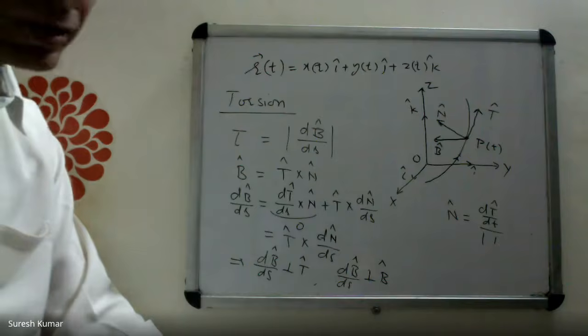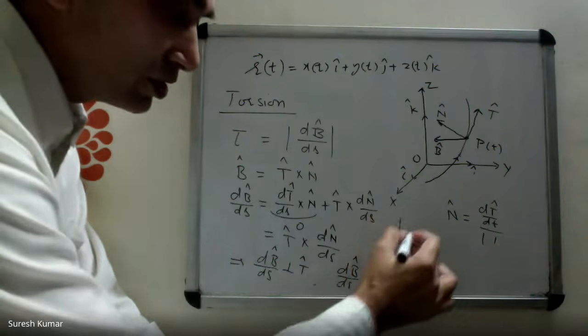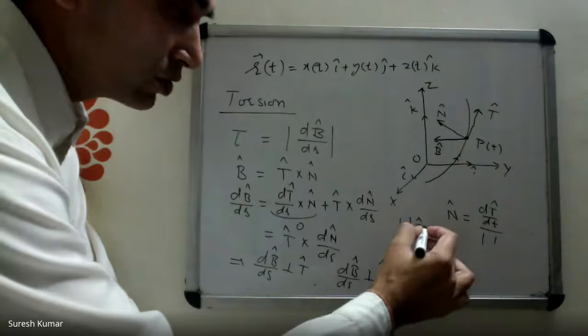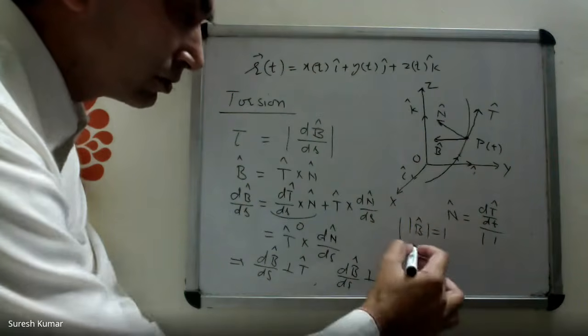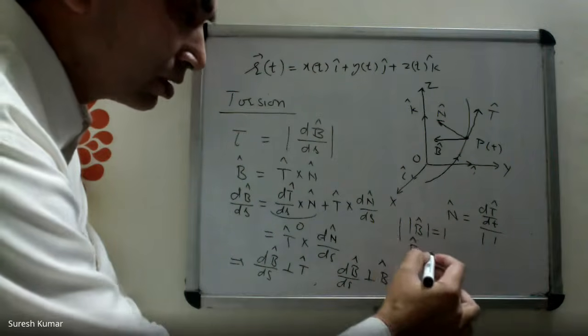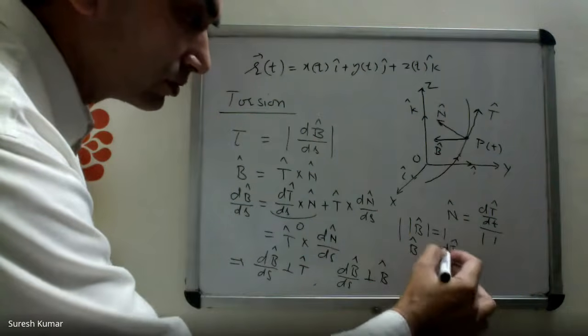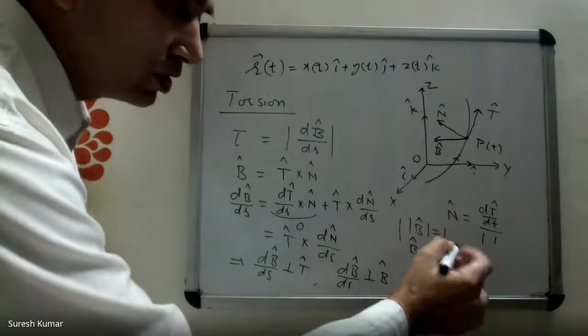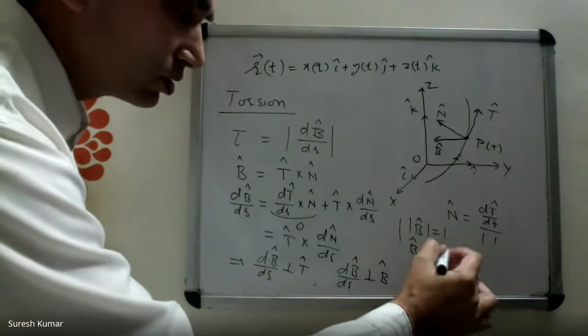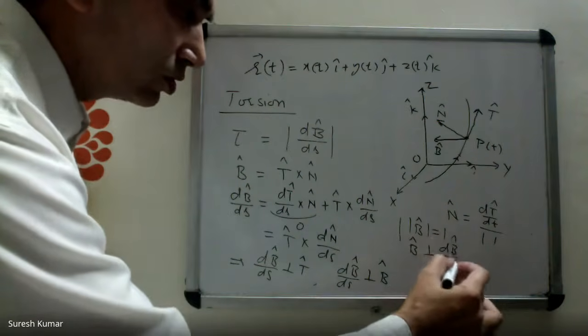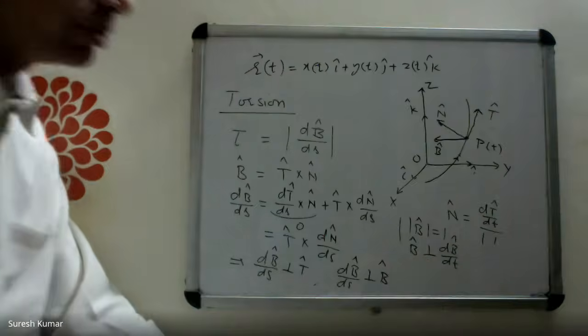Using the same result, if you have a vector of constant length, then it is orthogonal to its derivative. You know this. B cap is also a unit vector, so it is of constant length, so it is orthogonal to its derivative.